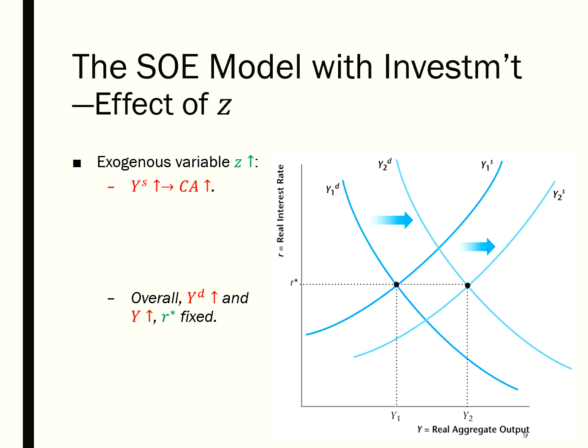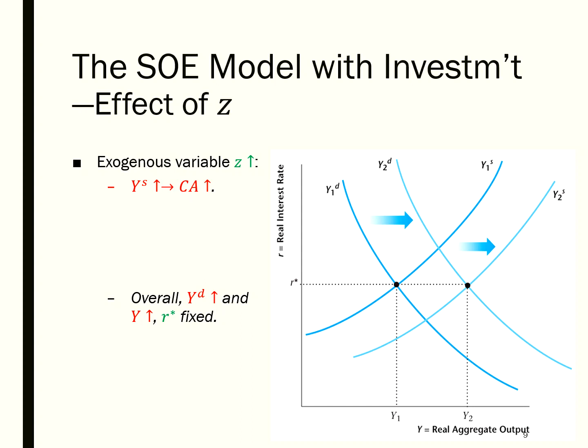For example, in this analysis of the effect of productivity shock, Z is the only exogenous variable we change, but all the other exogenous variables like G and R star are kept unchanged because we can only change one exogenous variable at a time. When Z increases, the immediate effect is through the supply side of the output market.